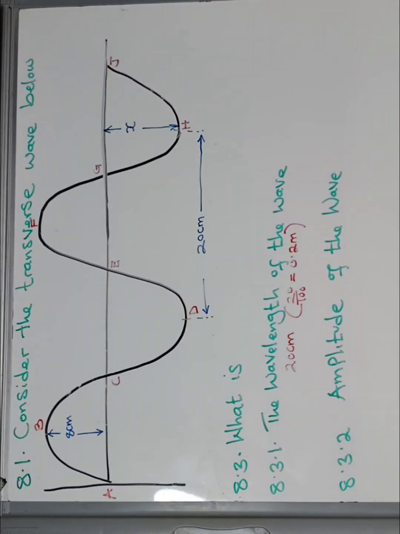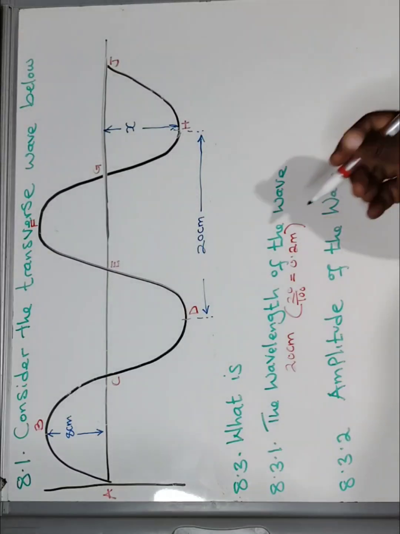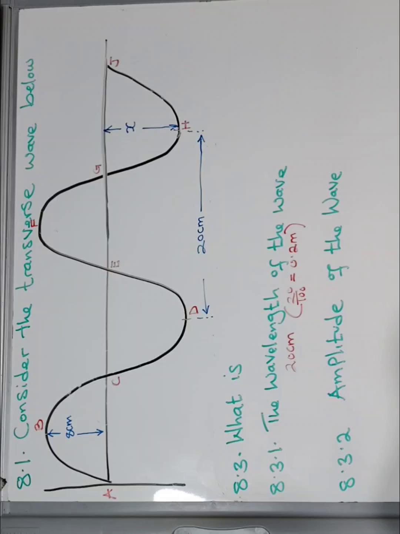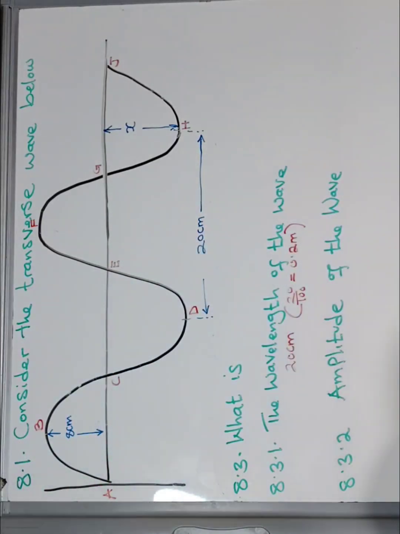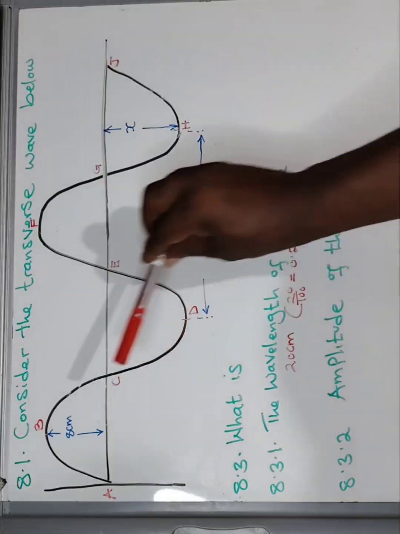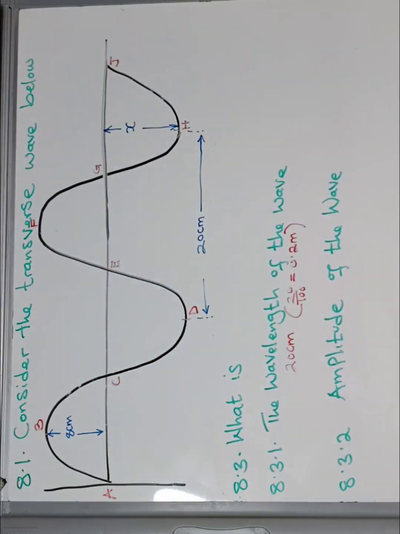Okay, then what is the amplitude? The amplitude is the maximum displacement. So it's from here to the top, the crest, or from here to the bottom.